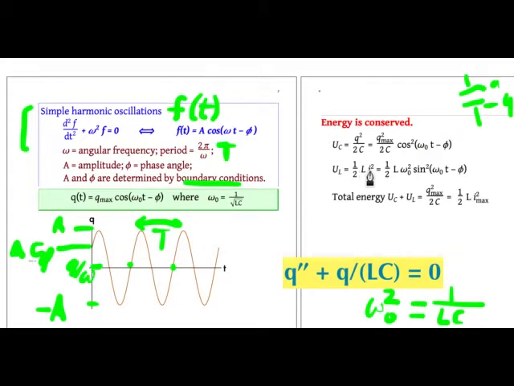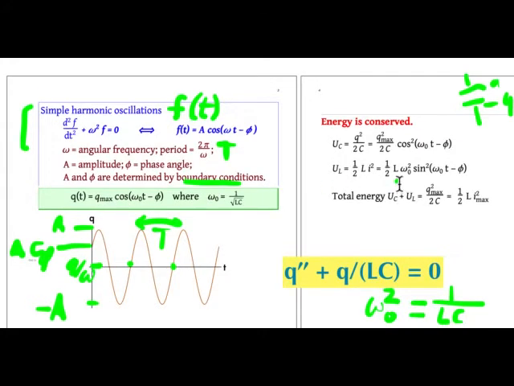So here's 1/2 L i squared. i is omega 0 Q max. So I really should have here a factor of Q max squared because I had i squared. So this is the energy in the inductor. It's a magnetic field energy, because remember, if you have charge coming into a solenoid, there's a magnetic field inside the solenoid, and the energy, 1/2 L i squared, is equal to the energy of that magnetic field. So this is magnetic field energy.